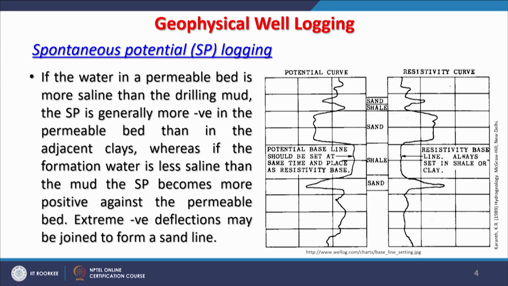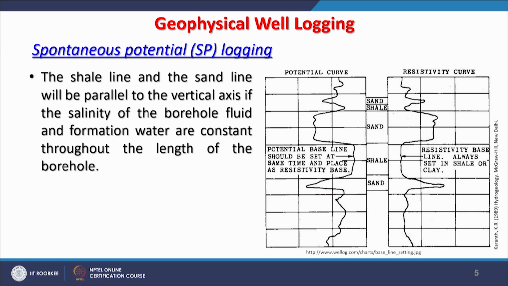Whereas if the formation water is less saline than the mud, the SP becomes more positive and moves towards the right against the permeable bed. Extreme negative deflections may be joined to form a sand line, as we are seeing here. This kind of interpretation of SP logging can be done.